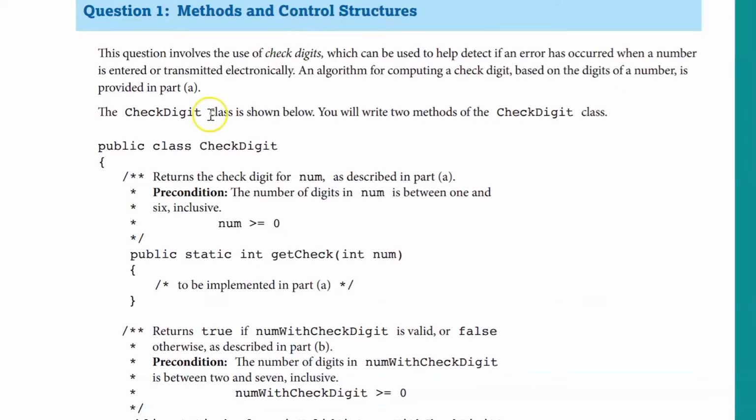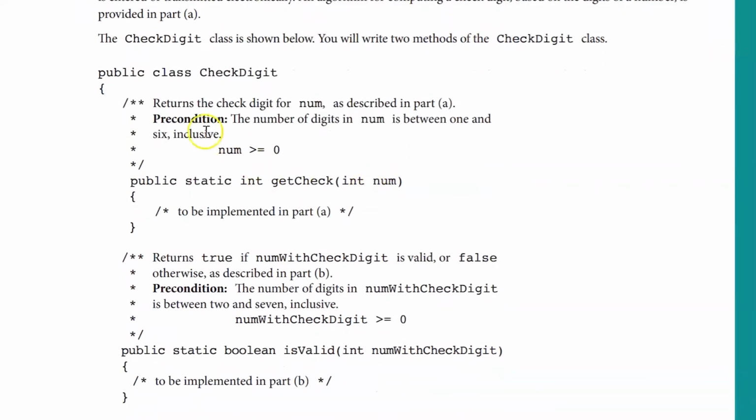Okay, so the CheckDigit class is shown below. You'll write 2 methods of the CheckDigit class. So there are 2 methods they're going to ask us to write. The first method here is public static int getCheck, to be implemented in part A. If there are multiple parts to an FRQ question, you're going to see that they'll be indicated by letters. So part A, part B; you can see that this particular question is asking us to write 2 different methods.